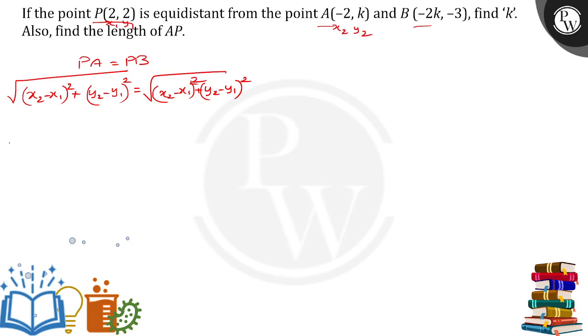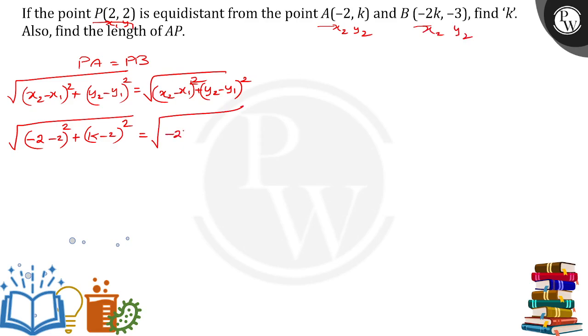So when I do that, square root of (x2 minus x1, that is minus 2) whole square plus (y2, that is k, minus 2) whole square is equal to square root of, this time it will be x2, y2, so (minus 2k minus 2) whole square plus (y2 minus y1, that is minus 3 minus 2) whole square. Square root and square root cancel.